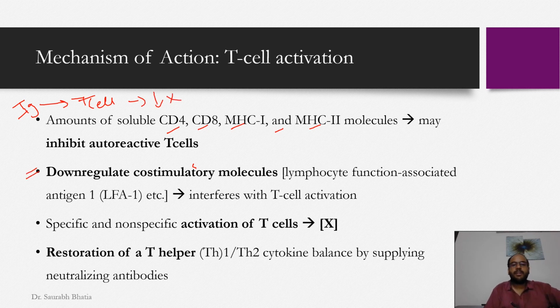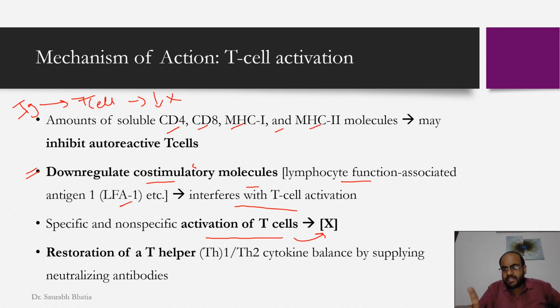It also downregulates co-stimulatory molecules like lymphocyte function associated antigen and others like CD28 and CTLA-4, and interferes with T cell activation. There is a non-specific activation of T cells which leads to their destruction. The activation should always be specific.